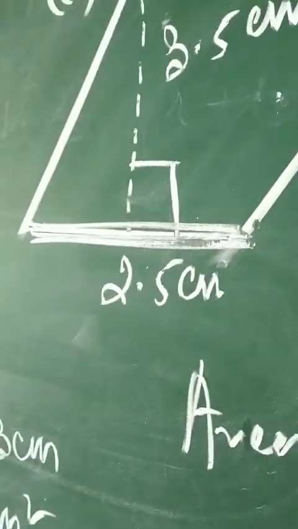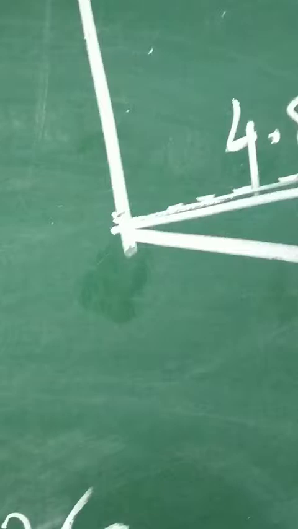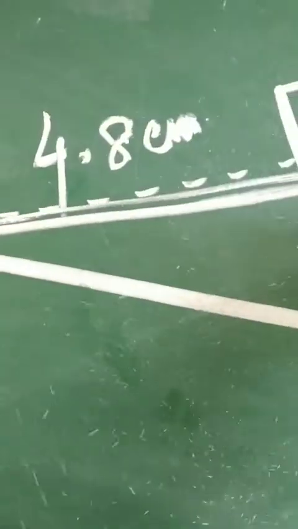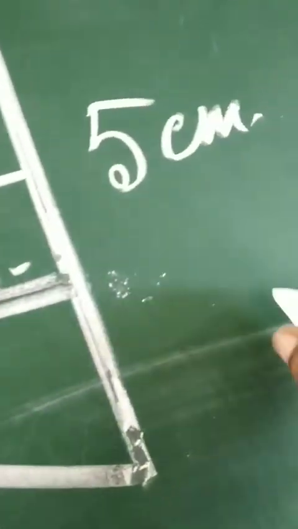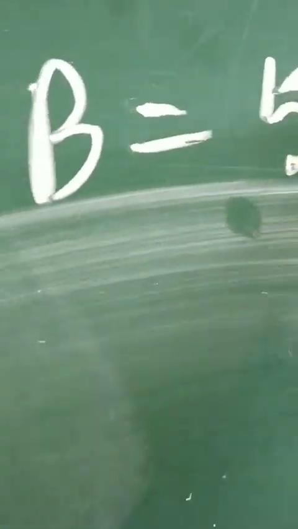It doesn't matter whether the base is on the downside, upper side, right side or left side. Base should always be perpendicular to the height, and height should always be perpendicular to the base. So the base is 5 centimeter and height is 4.8 centimeter.